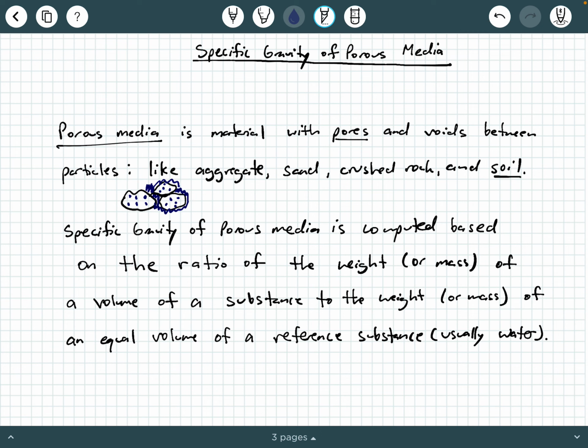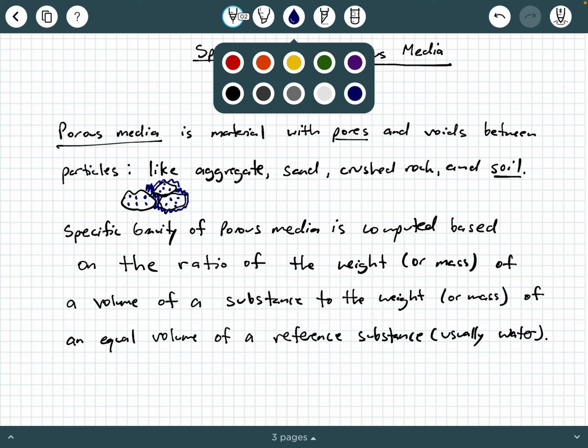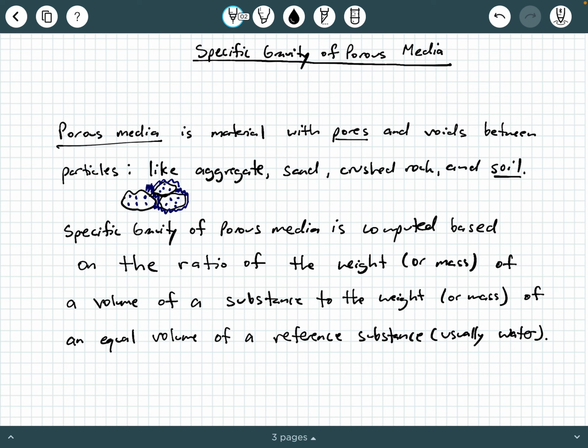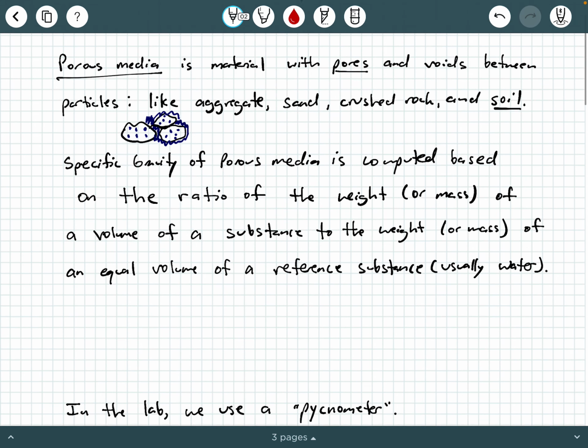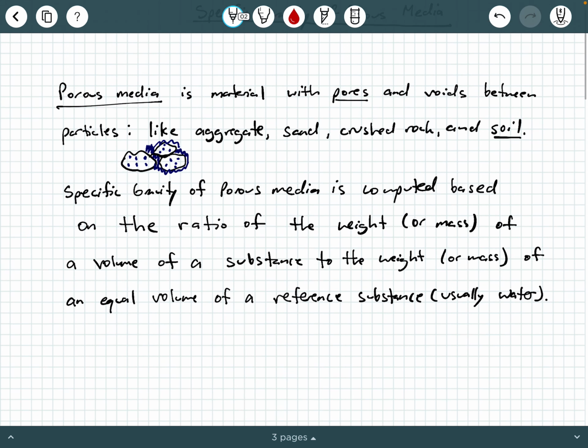Now, in a previous class, maybe like construction materials, you dealt with different types of specific gravity calculations of porous media. So we're going to write this down. In construction materials, we dealt with oven dry, sometimes abbreviated as OD, specific gravity.